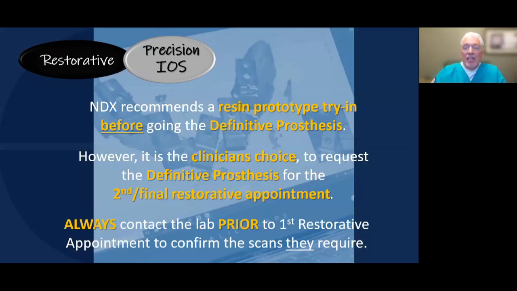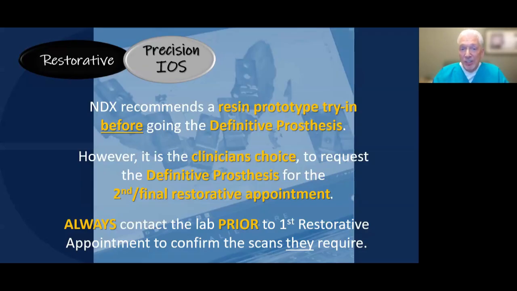I really recommend with this technology, full arch technology, you've got to have a lot of preliminary conversations with your laboratory ahead of time. Don't wait till the patient's in the chair or they're coming in tomorrow and start asking the lab some questions. Talk to your lab ahead of time, because on the first restorative appointment, there'll be some scans that some labs don't request that you submit.